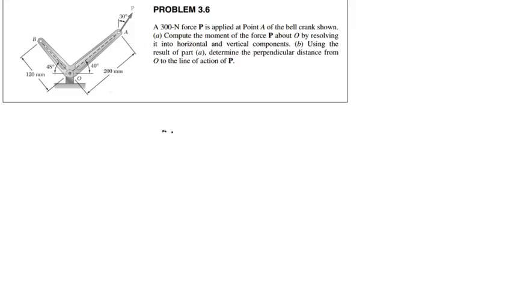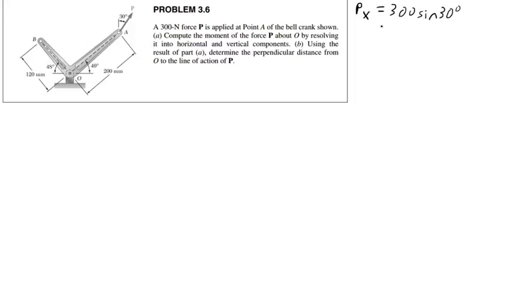So how might we do this? Well, first, I need a couple of things. I need the horizontal and vertical distance from point O to point A. Then I'm also going to need the horizontal and vertical components of the force P. So let me first get the components of force P. Px is going to be equal to 300 sine 30 degrees.